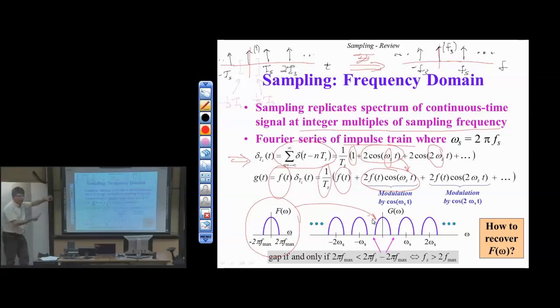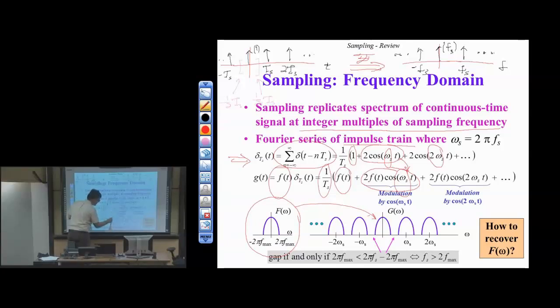Although it's scaled by 1 over Ts, the shape doesn't change. And then I get replicas, so I shift this spectrum F of omega to the right by omega s and to the left by omega s.